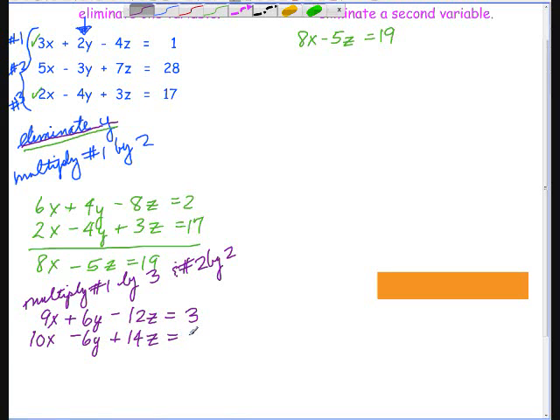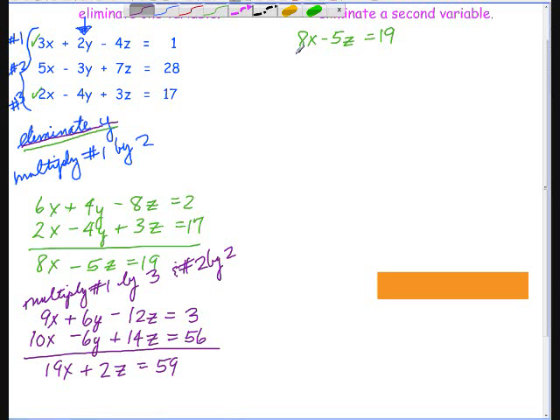And 28 times 2 would be 56. I'm going to add these together, and I get 19x, this will be 0, plus 2z equals 59.